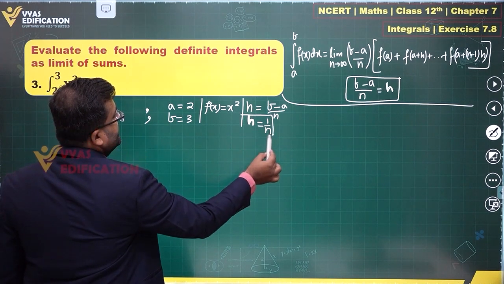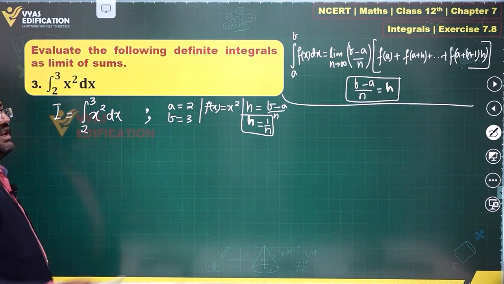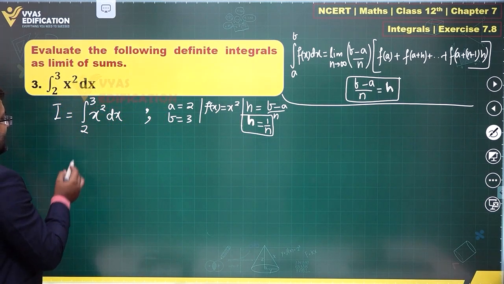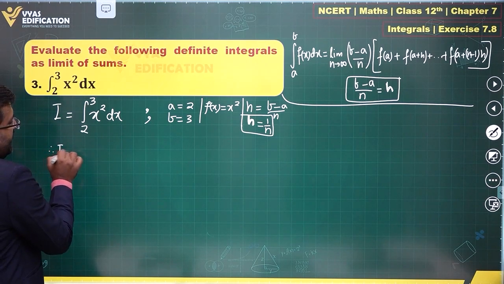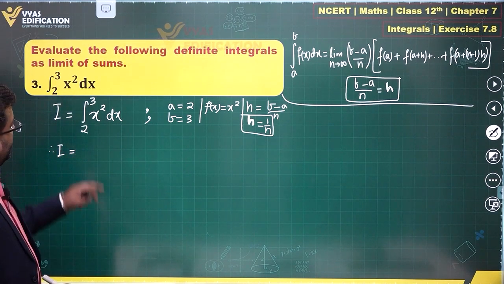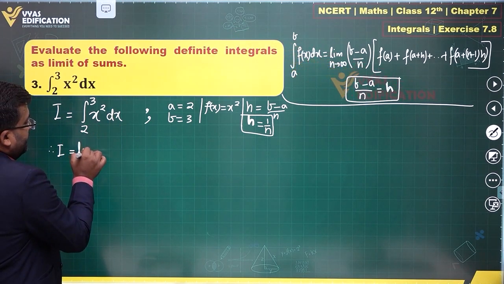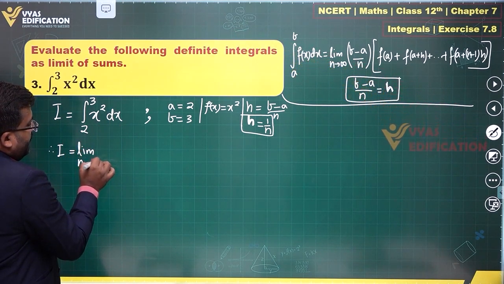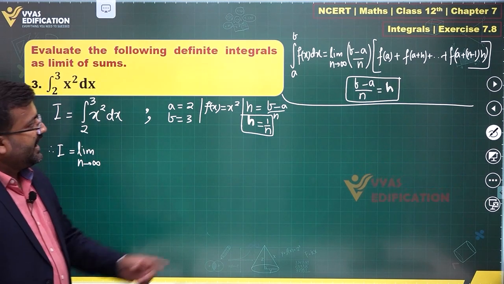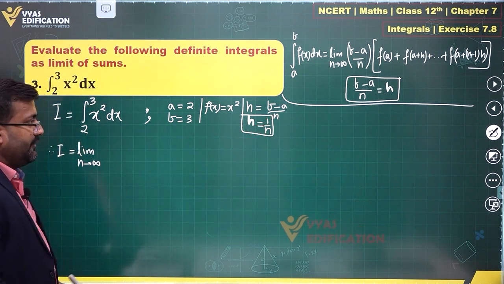Once you are through with this, then I can apply that formula with the help of these values on this integral and simplify it. Therefore, I becomes equal to what? This definite integral can be written as a summation: limit n tends to infinity, (b minus a) upon n, which is 1 by n.